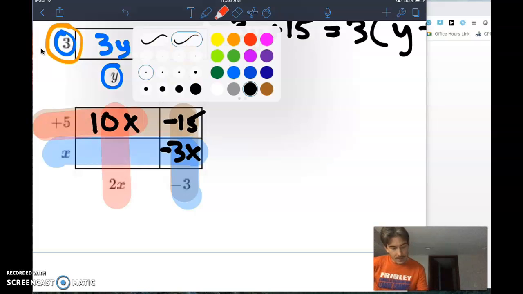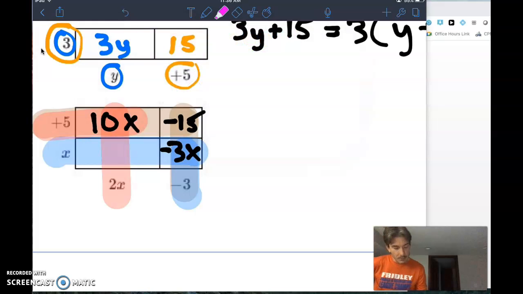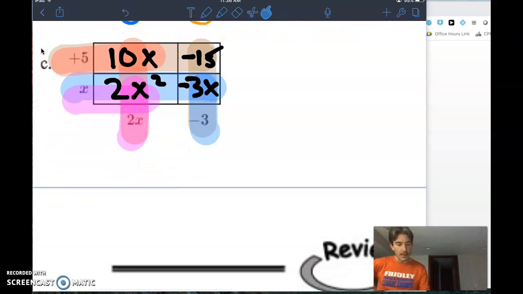And then finally, and don't forget, this is usually the number one mistake students make: they forget the exponent. 2x times x gives me a 2x squared. Now don't just stop there. Fill in your product and your sum. My sum, 2x squared.